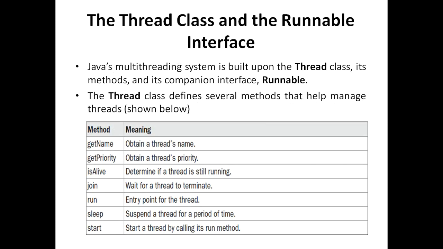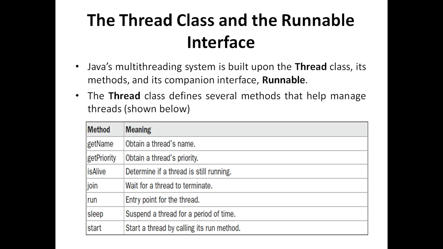Thread class and the Runnable interface. Java's multi-threading system is built upon the Thread class, its methods, and its companion interface Runnable. So if you want to implement this multi-threading concept in Java, you should make use of the Thread class. The Thread class defines several methods that help manage the threads. We have getName, which is used to obtain the thread's name.